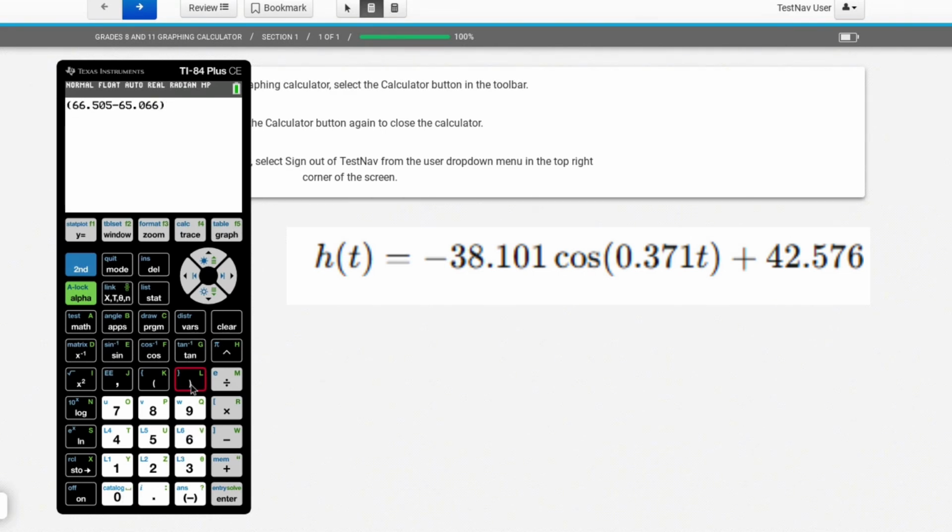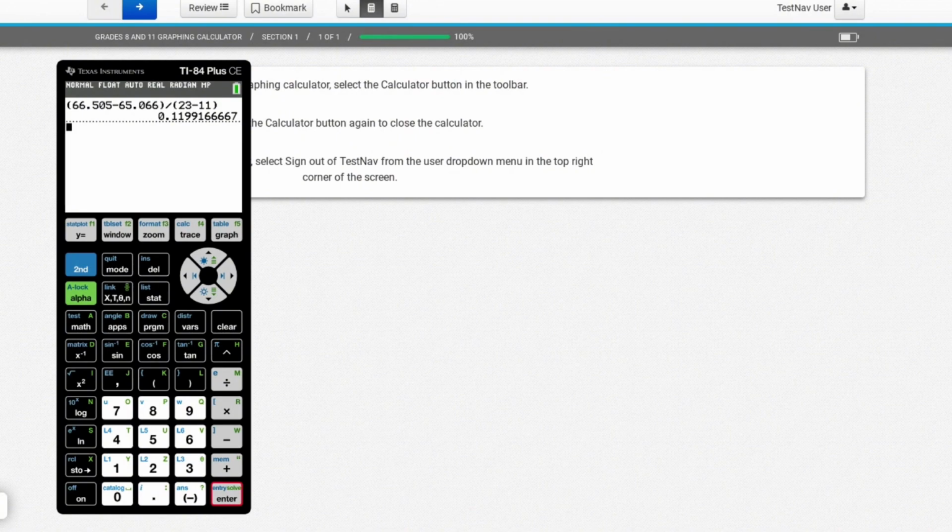Close that parentheses, hit divided by, and then we're going to do 23 minus 11 down here. Don't forget your parentheses. 23 minus 11, close that parentheses, and that ends up being 0.1199. So we're going to round that up once we get back to our original slides, and that'll be that.